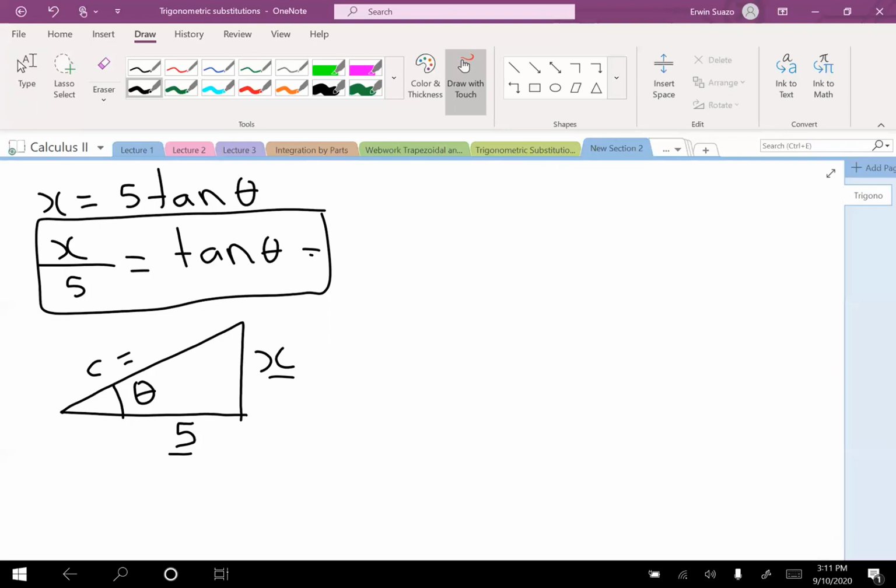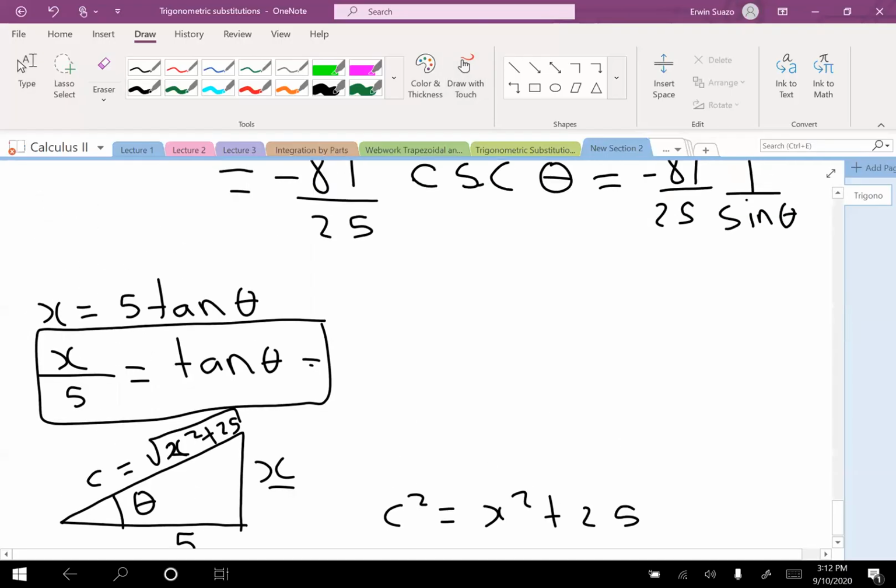Square root of x squared plus 5 squared. So c squared equals x squared plus 25 by Pythagoras theorem, but since I need c, that will be the square root of x squared plus 25.